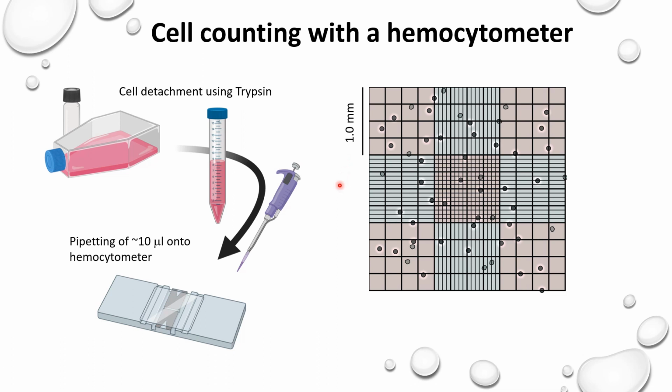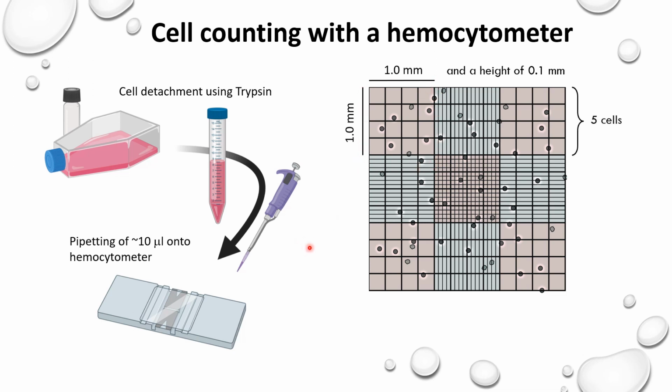And because we know exactly the surface area of the grid, which for the corners is 1 by 1 millimeter, and we know the height underneath the glass cover slip, we can understand what volume is actually in each of these corners.